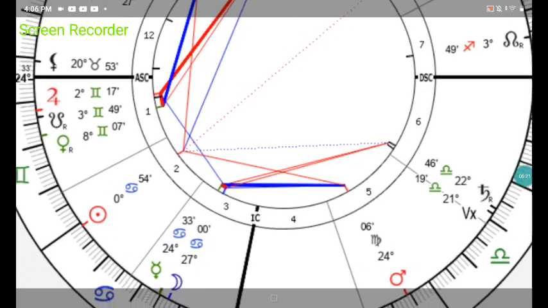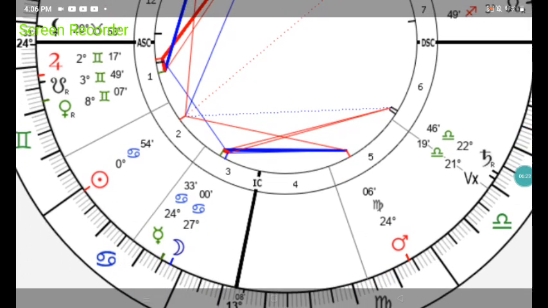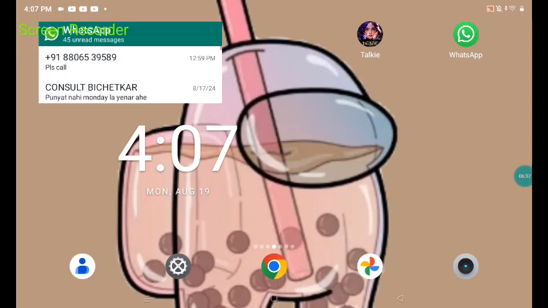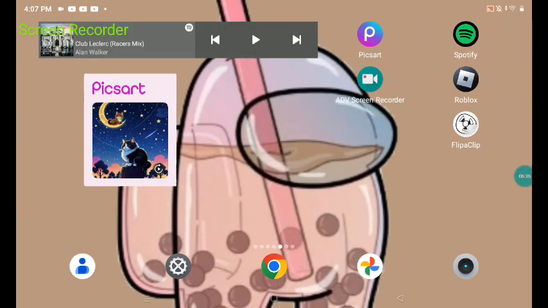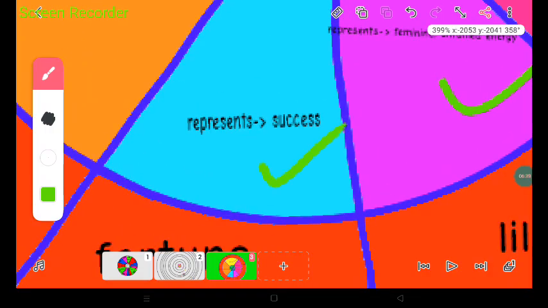But if the fortune is in your third house, the third house represents communication, so you will be successful in communication, or you are successful in communication. Done.